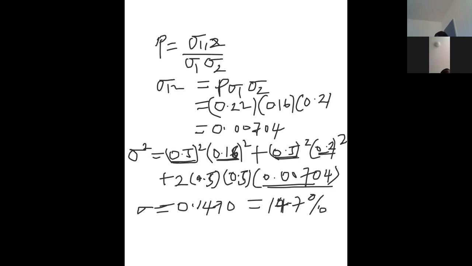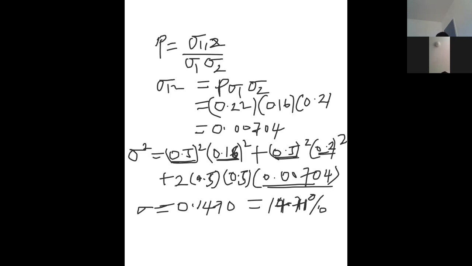All right, so let me check again. 0.5 squared times 0.16 squared plus 0.5 squared. And it's 14.11. You had 0.2 squared plus 14.11. It's 14.11, right? Yes. Okay, that's fine. So that's 14.11%.